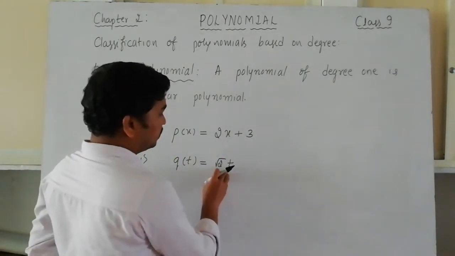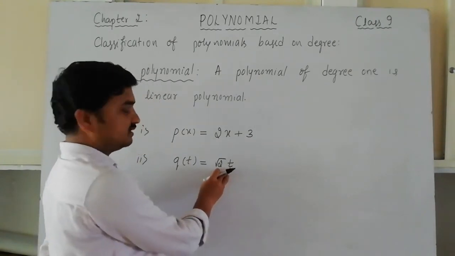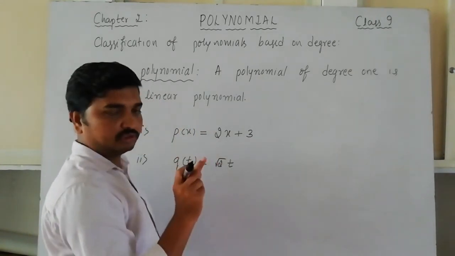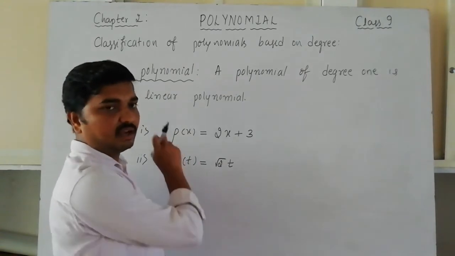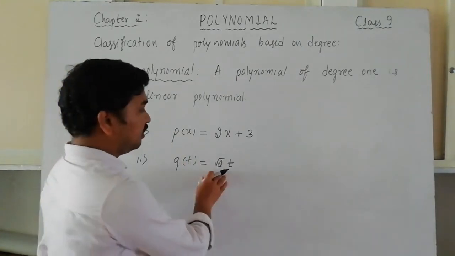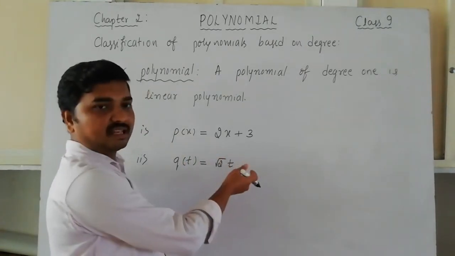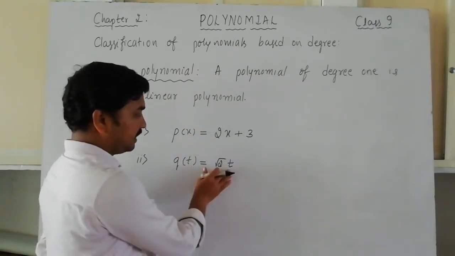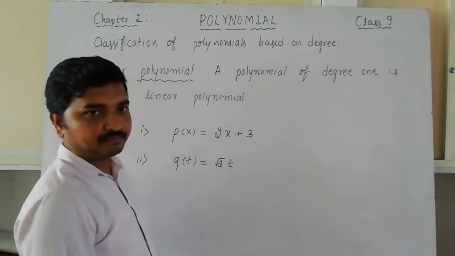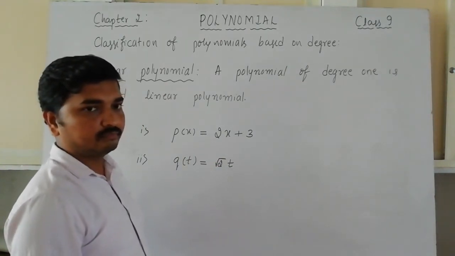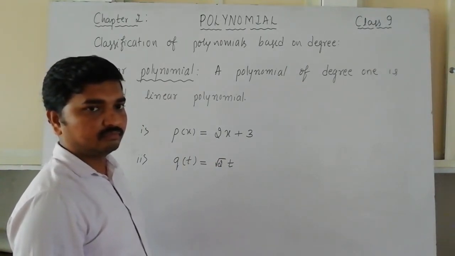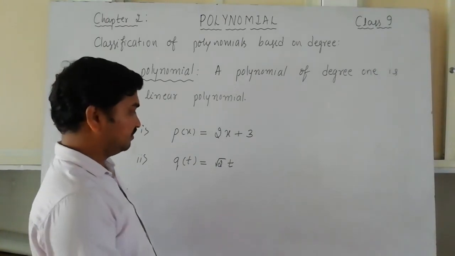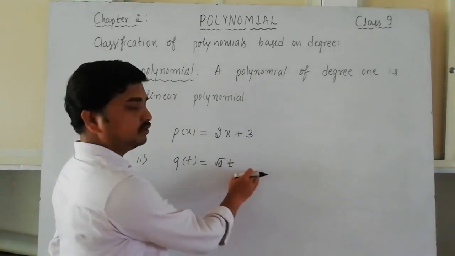The variable t is present and the exponent is 1. So 1 itself is the degree of this polynomial. When compared to the previous polynomial, which term is absent in the second polynomial? Not x to the power of 0. Here t power 0 is absent.